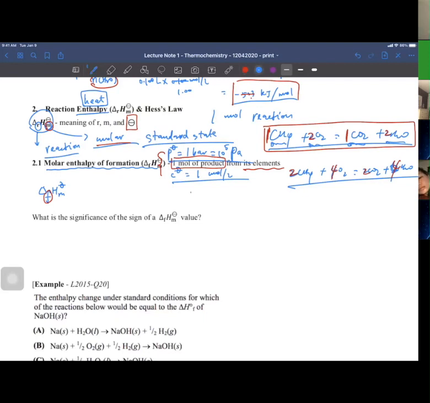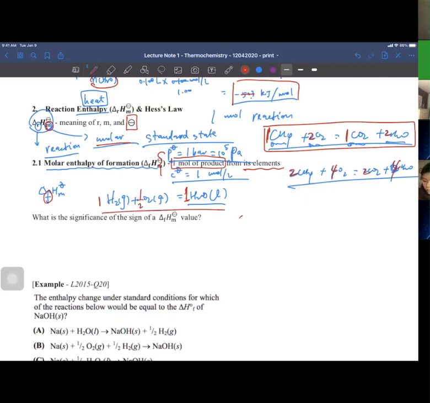So let's say water. This is your product. So you need to use the element, hydrogen gas. You need to use the oxygen gas, O2, to produce 1 mole of water. So you will have 1 mole of H2, and 1/2 mole of O2.